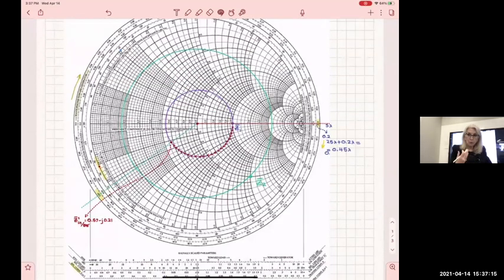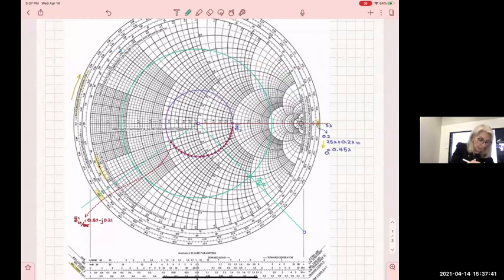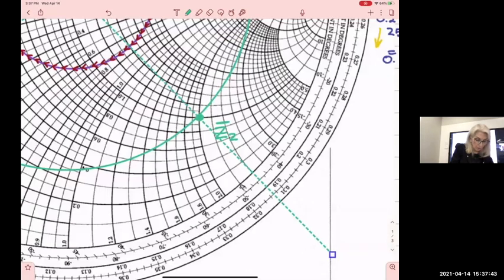So first of all, I need to find where I am. So the same way as I did before, I will write a straight line that connects this point Z2 with the center of the Smith chart. There, I will make this line to be dotted. And then I'm going to go here on the outer rim and see where I am.